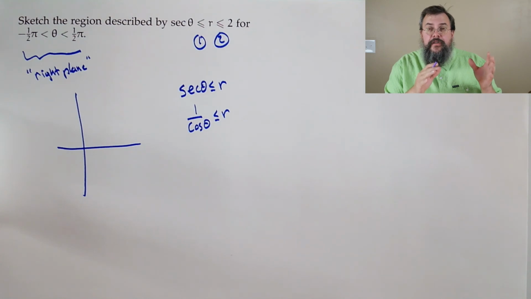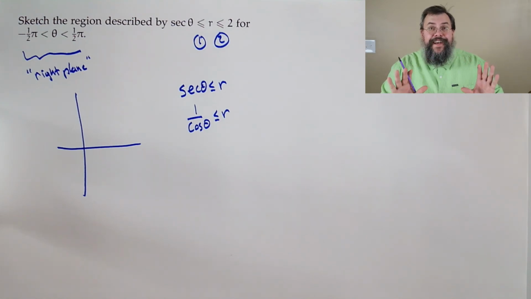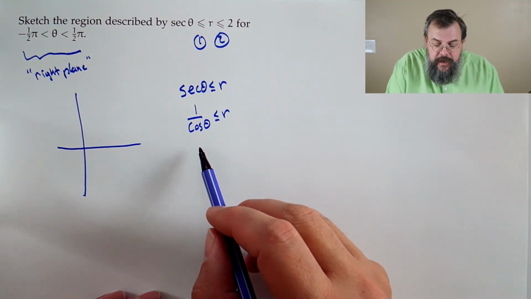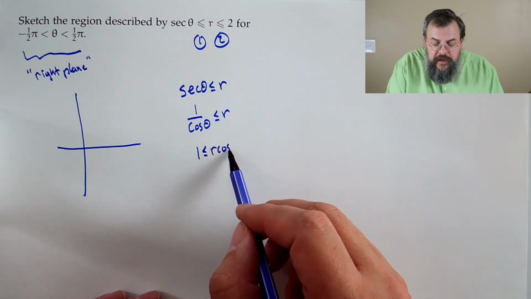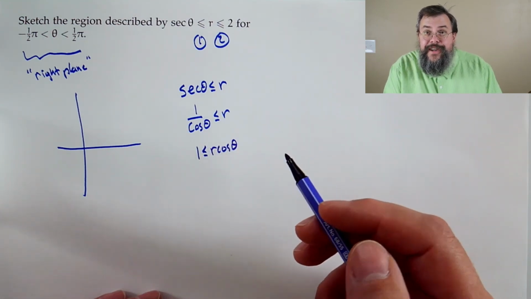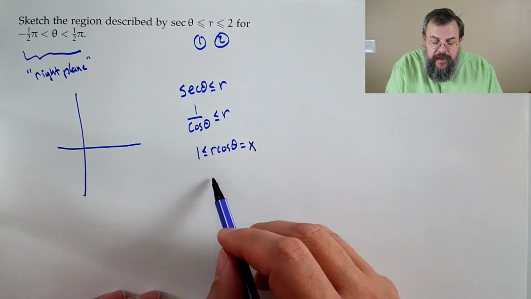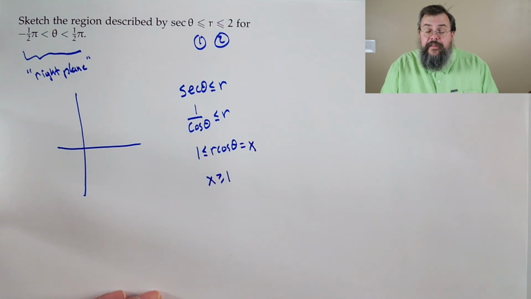X is positive, and that really is telling us that the cosine is positive. So if I multiply by cosine, I'm okay, since I know I'm in the right half. So this becomes 1 less than or equal to r cosine theta. And now I say, but wait, r cosine theta is just another name for x. Okay, so we can really figure out what that means. X has to be greater than or equal to 1.